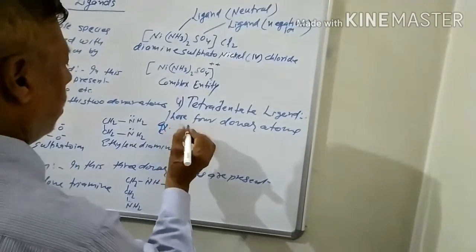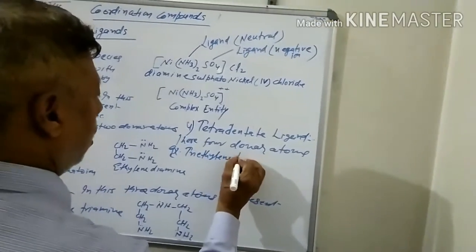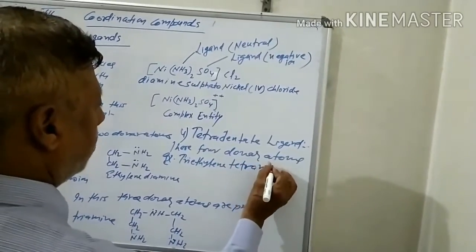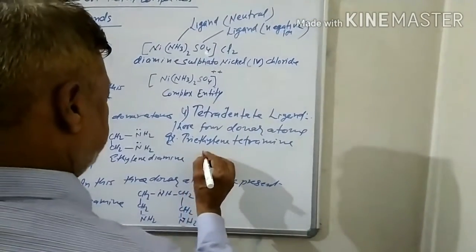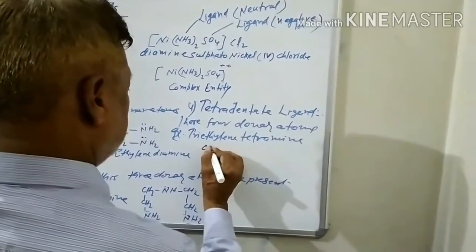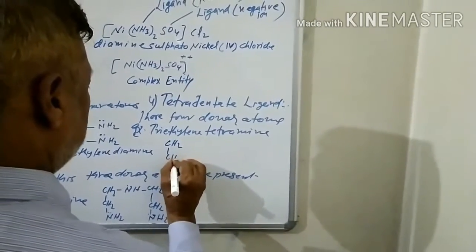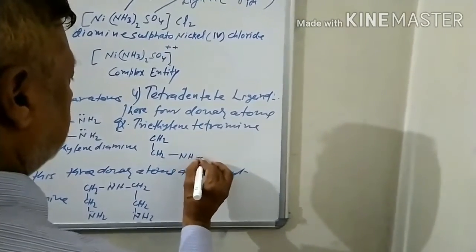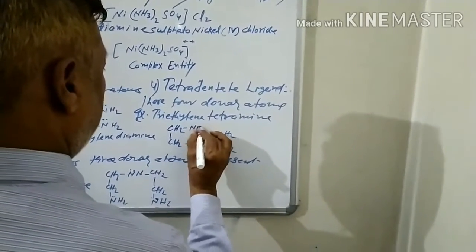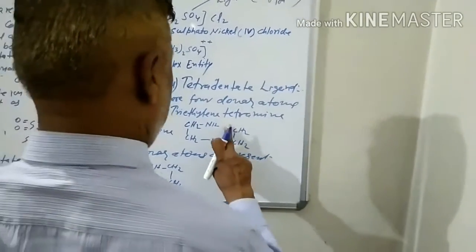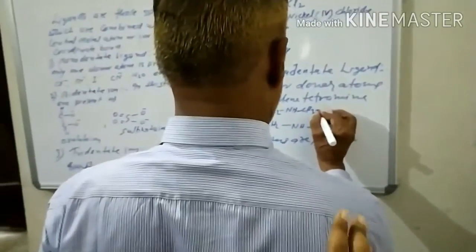Example, triethylene tetraamine. CH2, NH, CH2, NH, CH2.